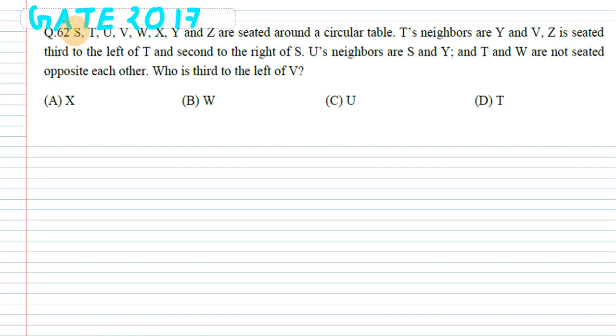The question says S, T, U, V, W, X, Y, Z. It means there are 8 letters seated around a circular table.